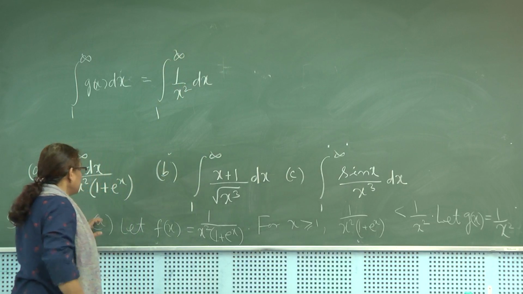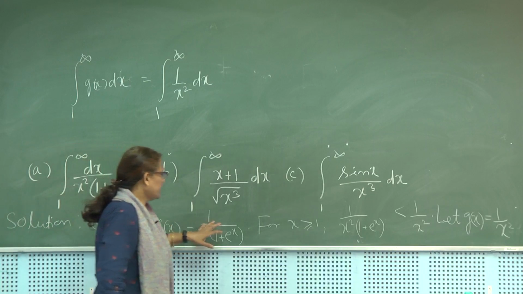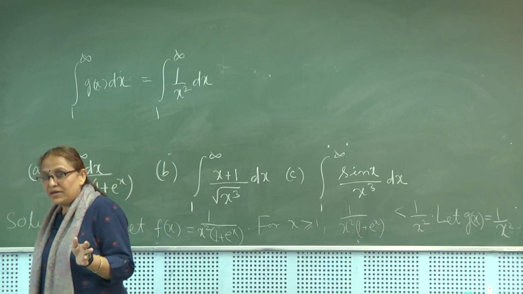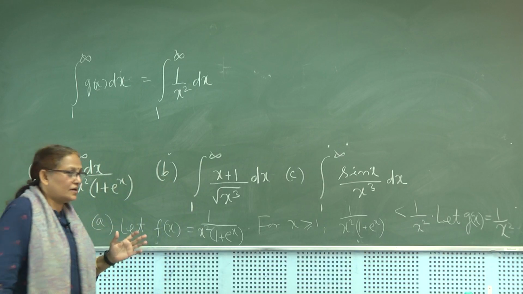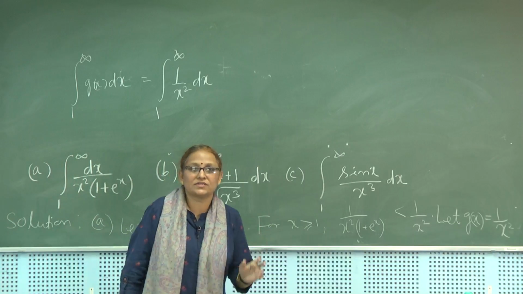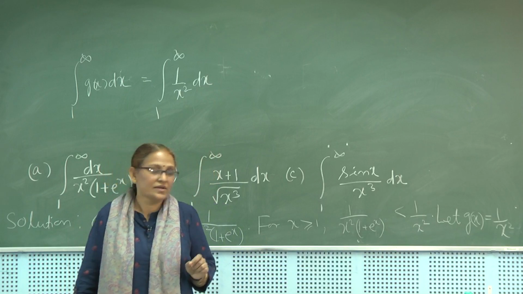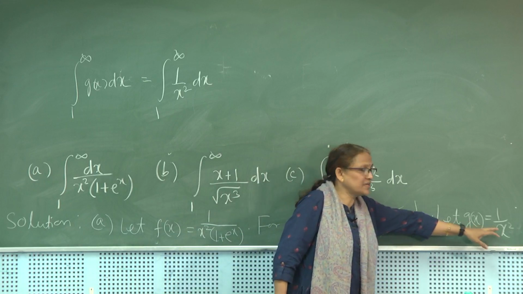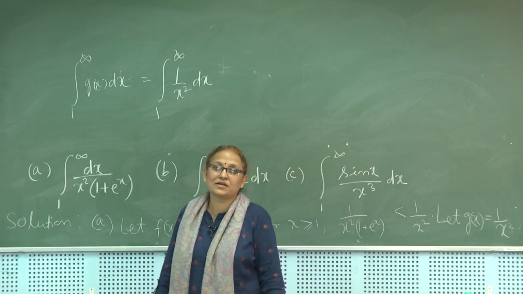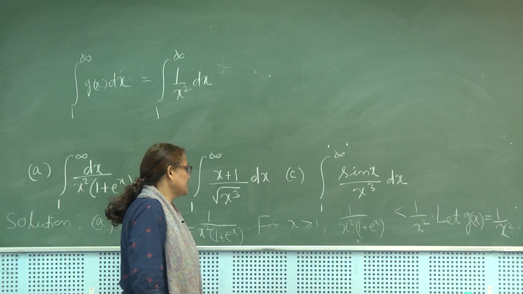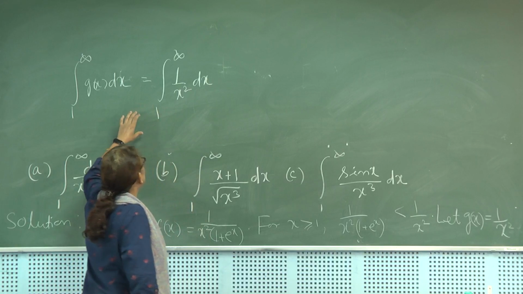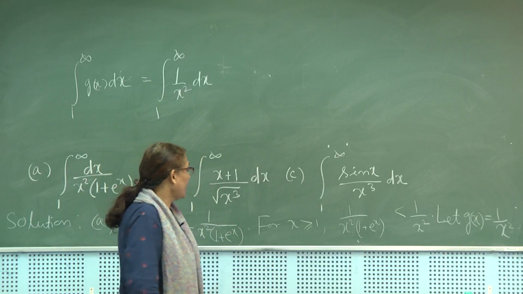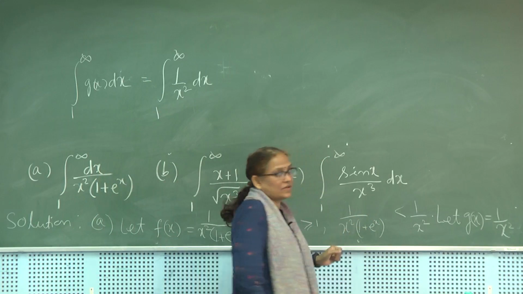One thing you just notice, this function f(x) and g(x) are fulfilling the conditions of the comparison test we have seen. This function f(x) is dominated by this function g(x), and they are also non-negative on this interval 1 to infinity, okay, and they are also bounded in this interval.